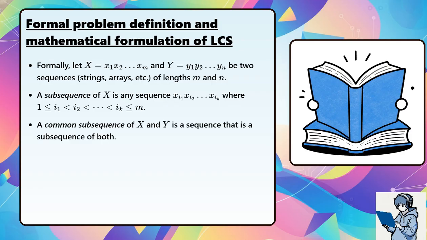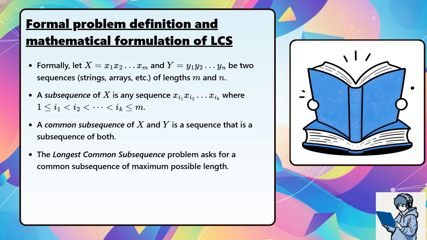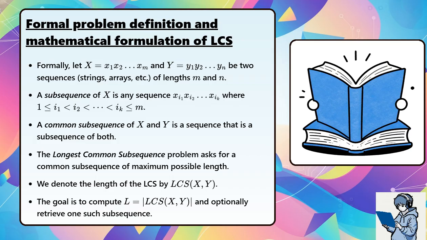A common subsequence of x and y is a sequence that is a subsequence of both. The longest common subsequence problem asks for a common subsequence of maximum possible length. We denote the length of the LCS by LCS(x,y). The goal is to compute L = |LCS(x,y)|, and optionally retrieve one such subsequence.